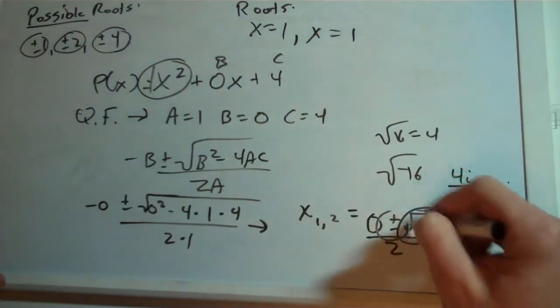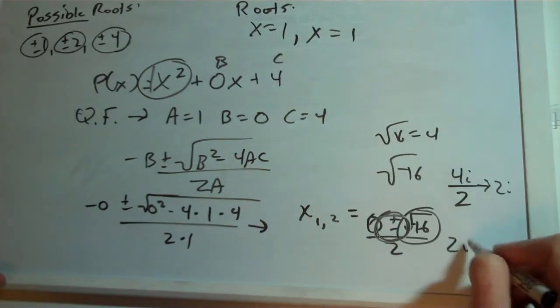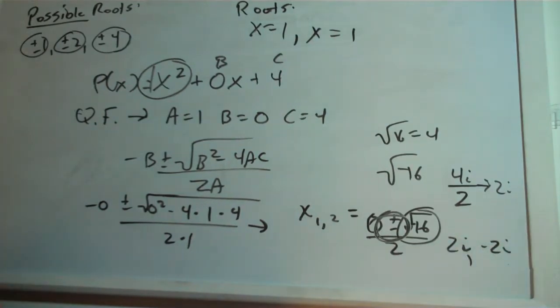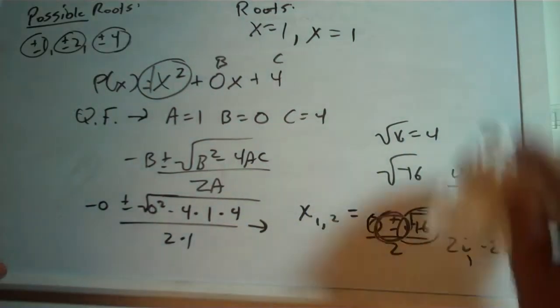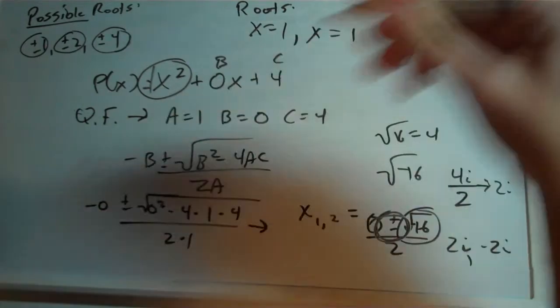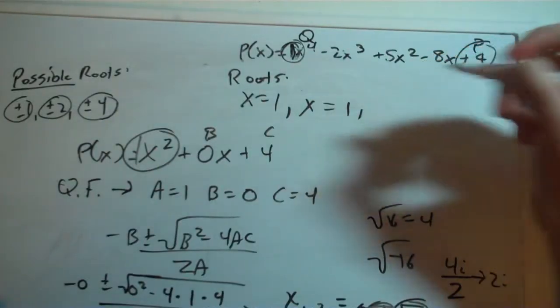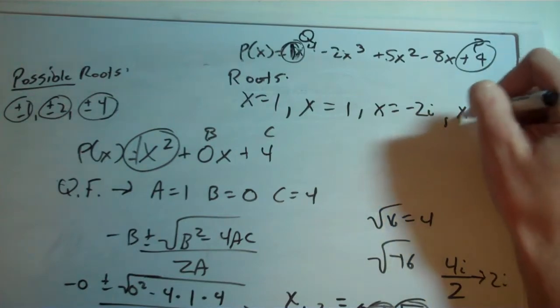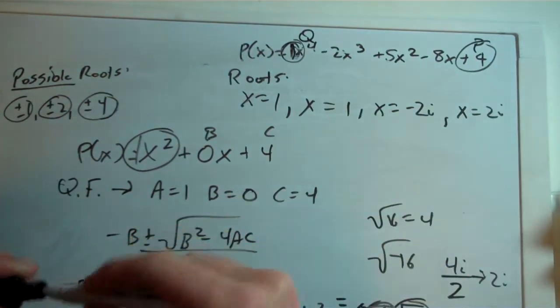And we have to recall that we have a plus or minus, so this is going to be either a positive 2i or a negative 2i, which are the two complex roots. So we have just found the two complex roots. We'll rewrite up here: x equals negative 2i and x equals 2i.